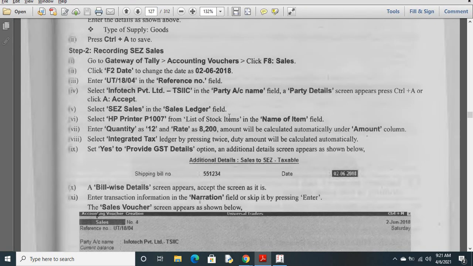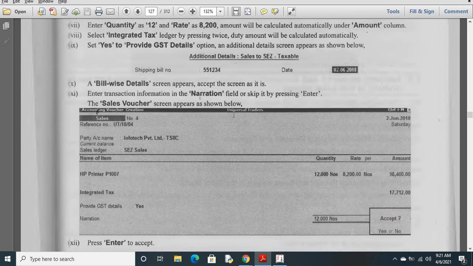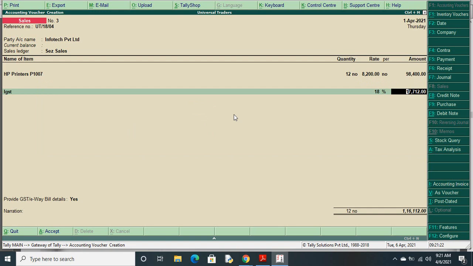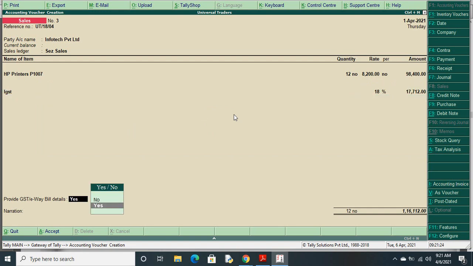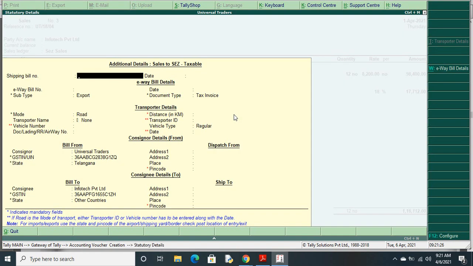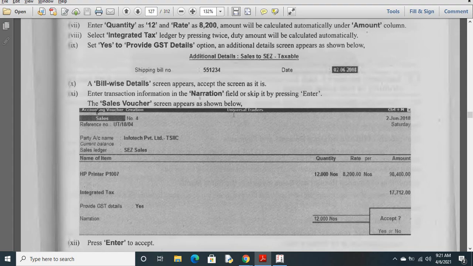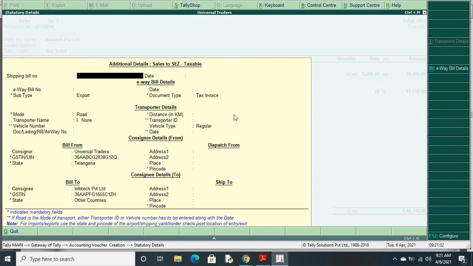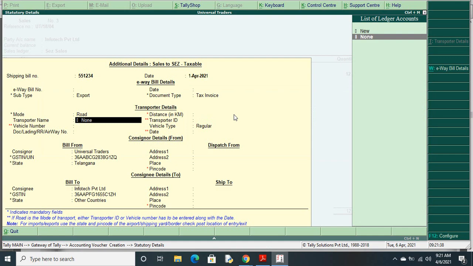The IGST amount is 17,712. Shipping bill 551234, date 1/4/2021.